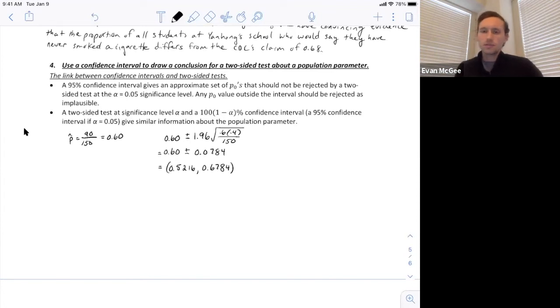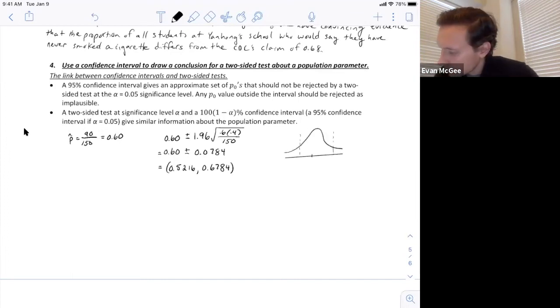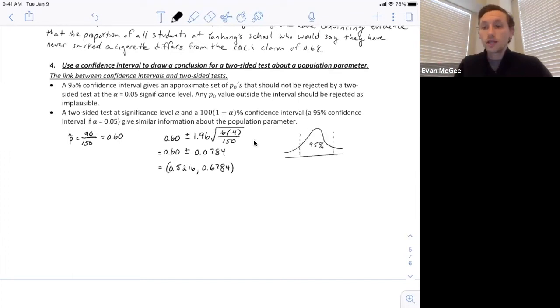For example, when you find your critical value for a 95% confidence interval, there is 95% centralized and another 2.5% here and a 2.5% here. So that's why a 95% confidence interval relates to a significance level of 5%, because there's 2.5% here and 2.5% here, which totals the 5%.